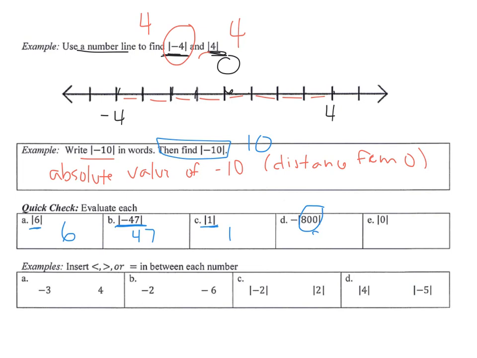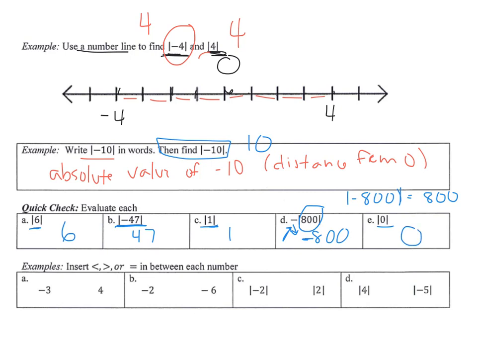It's 800. But then the negative is on the outside, so you carry it down. So that answer is -800. If it was the absolute value of -800, then the answer would be 800. But this negative is on the outside. The absolute value of 0 is 0.